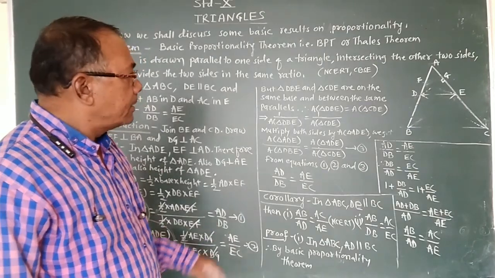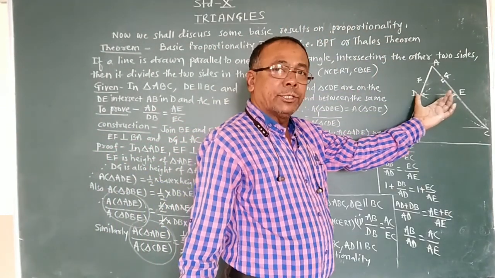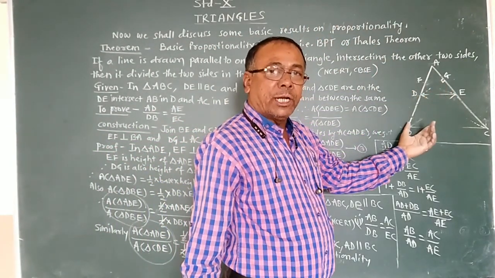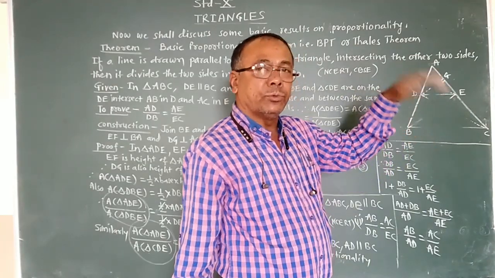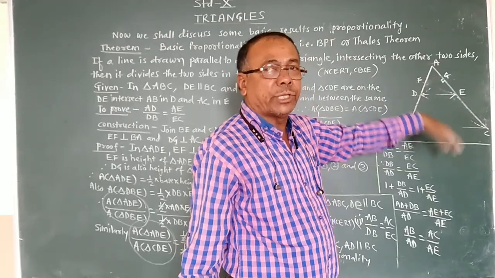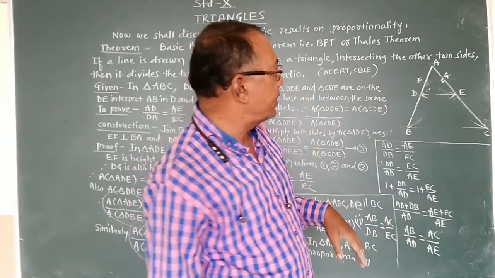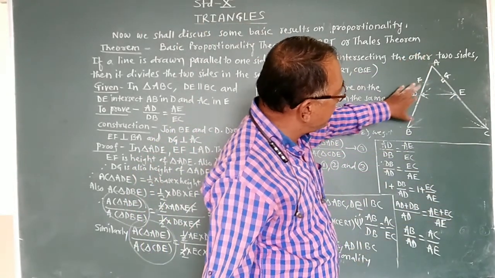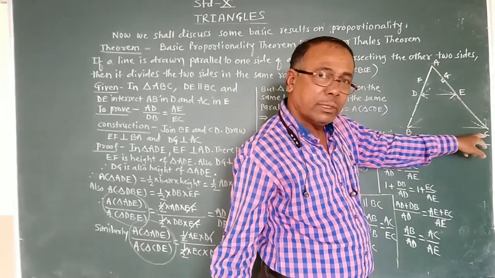Then we know that if a line is drawn parallel to one side of a triangle intersecting the other two sides, then this line divides the two sides in the same ratio, and therefore AD upon DB is equal to AE upon EC.